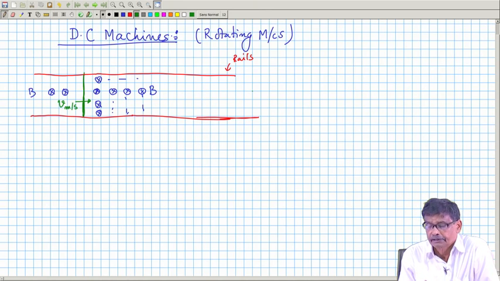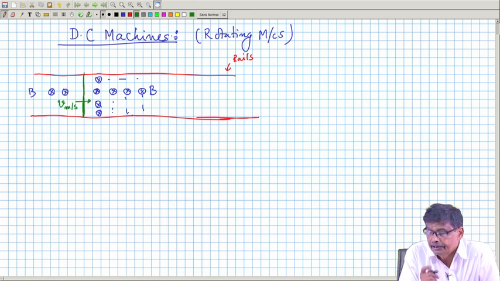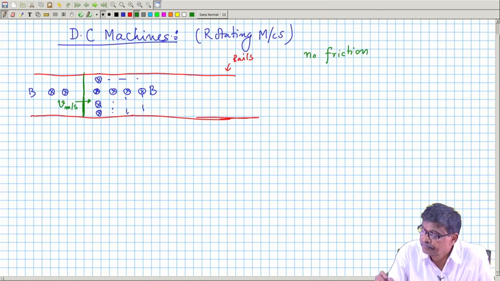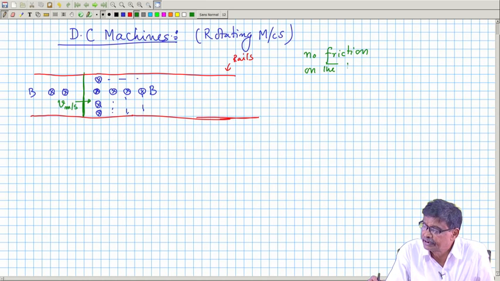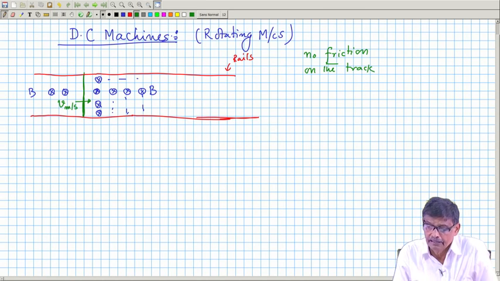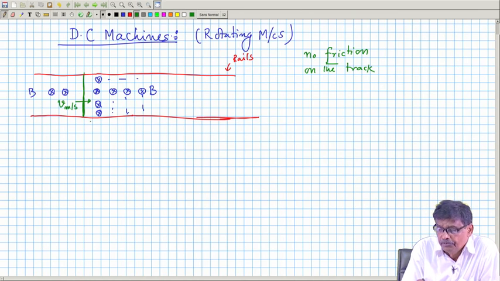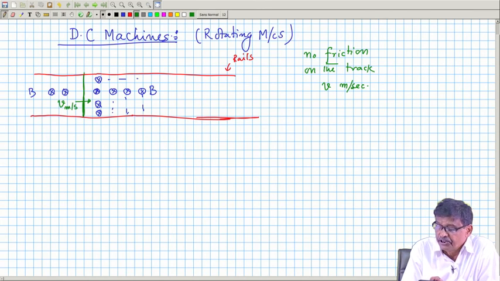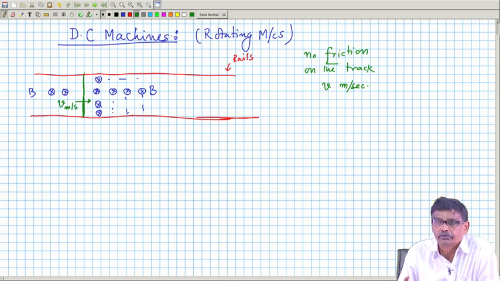And let us assume that there is no friction on the track and also no air resistance. Therefore, to move this conductor at a constant velocity v meter per second on a frictionless track, with no air friction also, you require no force.